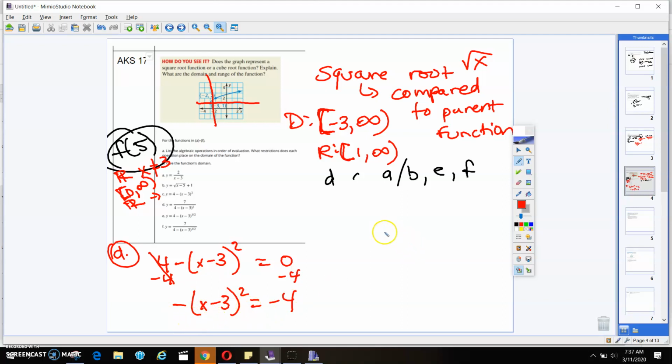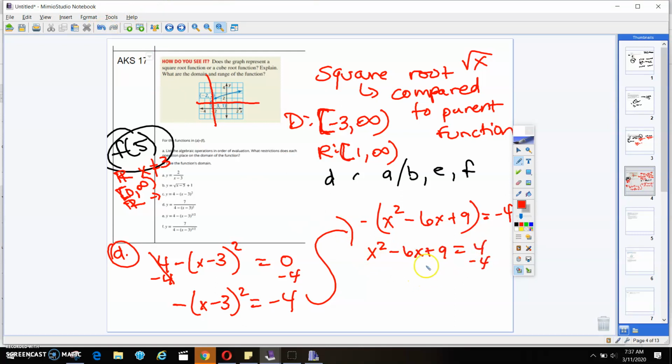I'm going to take this and distribute it out. So that's going to give me x squared minus 6x plus 9, and I'm just going to go ahead and divide both sides by negative 1. So that'll give me x squared minus 6x plus 9 equals 4. If I subtract 4 from both sides, that's going to give me x squared minus 6x plus 5 equals 0. And if I solve for x on this, that means I'm going to factor.